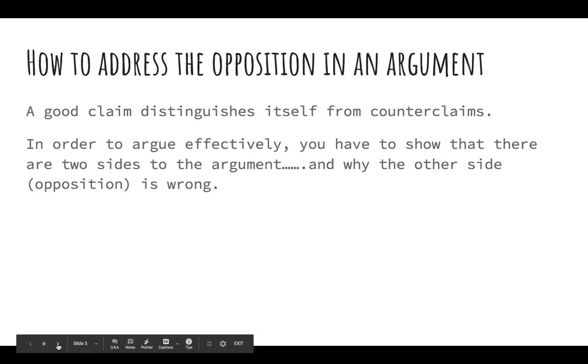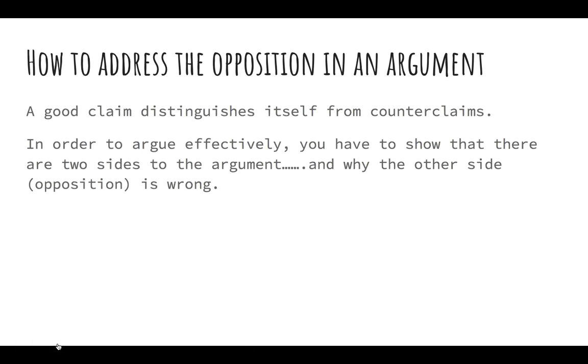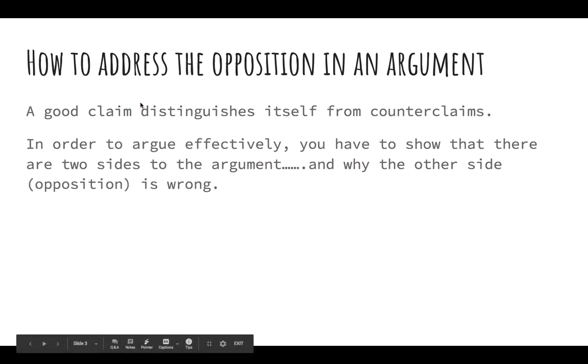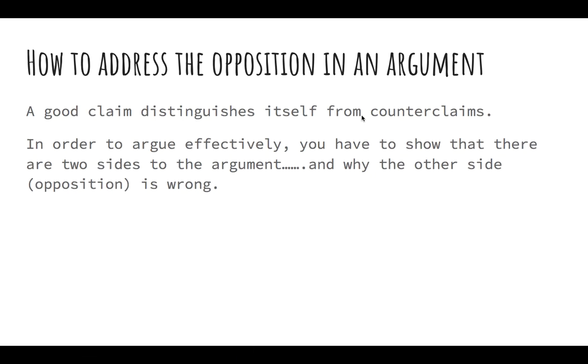So in an argumentative paper, in an essay, okay, a good claim distinguishes itself from counterclaims. And what that really means, a good claim is your thesis, right? And how is it different? How is it correct, right? When you think about the counterclaims, right? How does it prove the opposition wrong, okay?